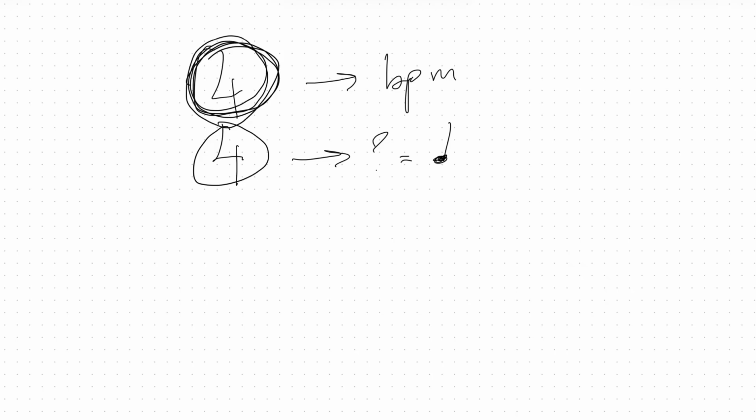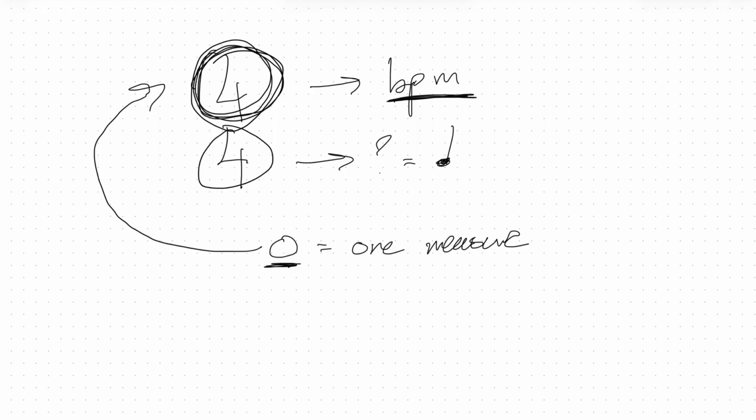The whole note takes up as many beats as there are in one measure. Now, as we know how to read the time signature, we know that the top number tells us the beats per measure. So in order to know how many beats a whole note gets, all we have to do is look at the top number of the time signature. And that's a cool fact.